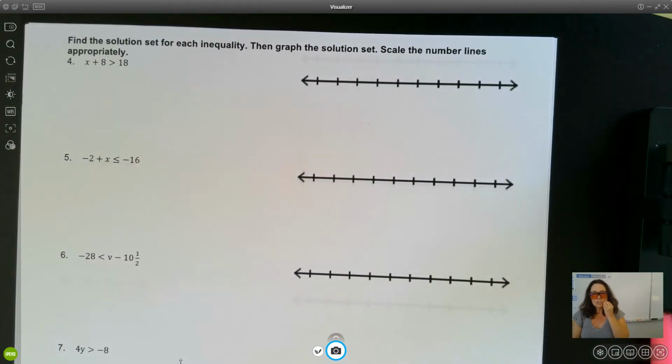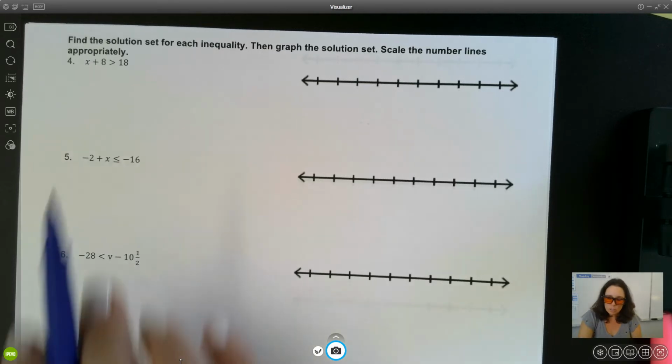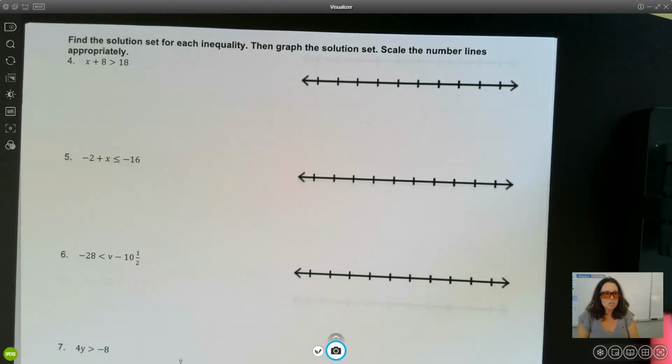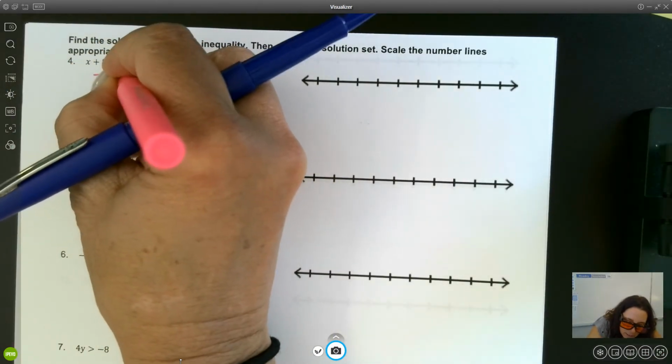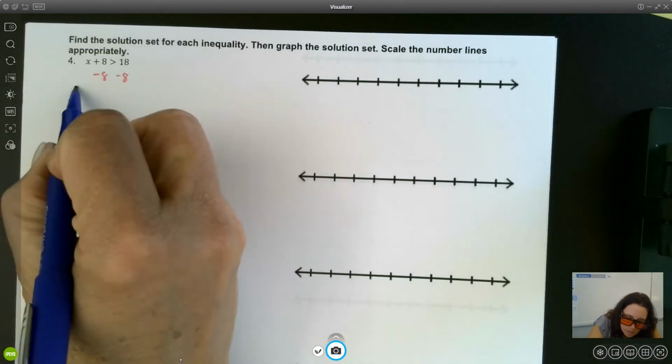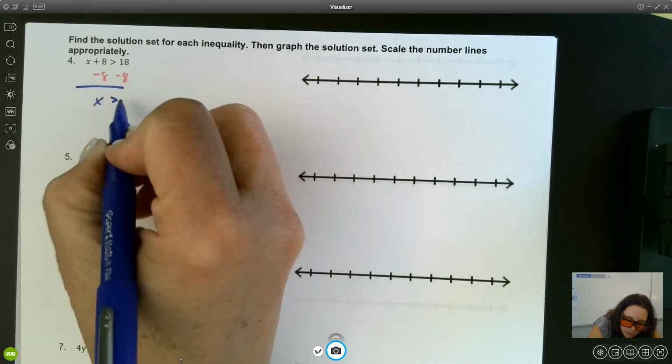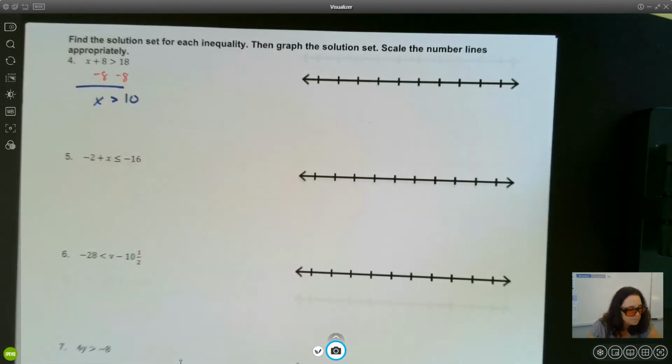So feel free to pause and do as many as you can and maybe look at my solutions to make sure you're getting them right. But you should be able to do all of these because they are just like they were with equal signs. Okay, so first step is to subtract 8 from both sides. X is greater than 10.